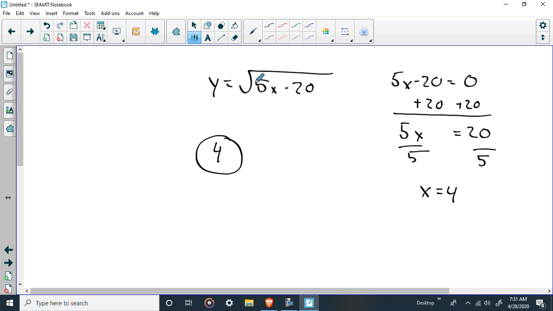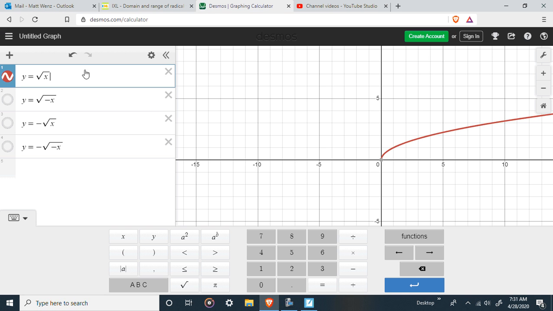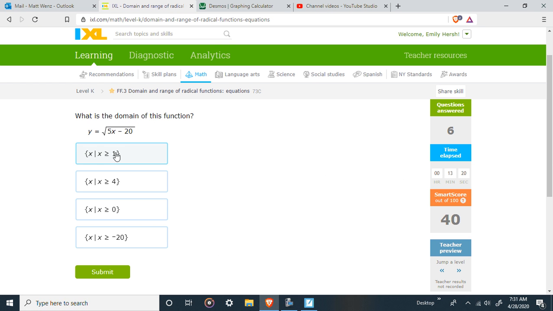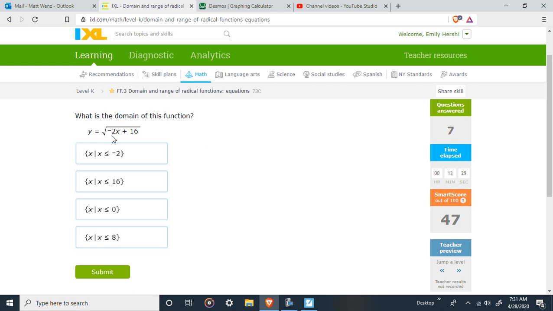Okay, so from here, since we see that this is positive on the inside and positive on the outside, it's going to be a shape like this. So what do we know? We know that it's going to start at 4 and it's got to be greater than or equal to 4. Okay, again here, let's think about this. Negative 2x plus 16.